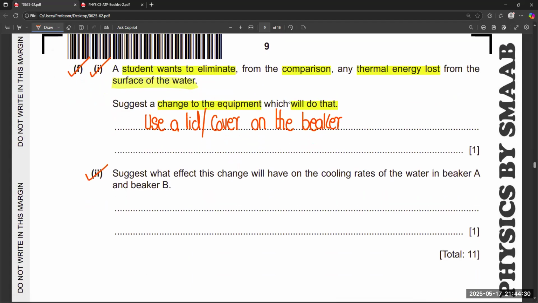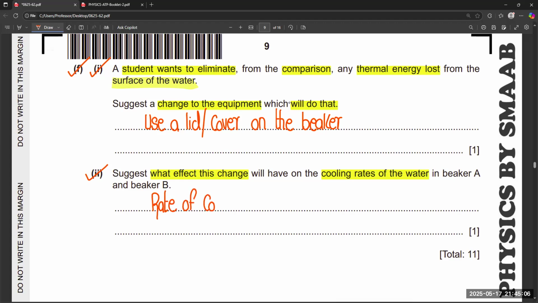Second part is suggest what effects this change will have on the cooling rates of water in beaker A and beaker B. So basically, the rate of cooling decreases because now thermal energy is not escaping very quickly because the container, the beaker, is closed. So thermal energy is only lost through the walls, not with the help of convection. So in simple words, the rate of cooling decreases.